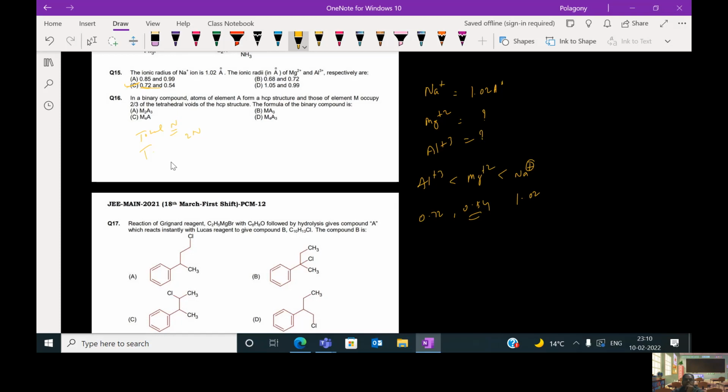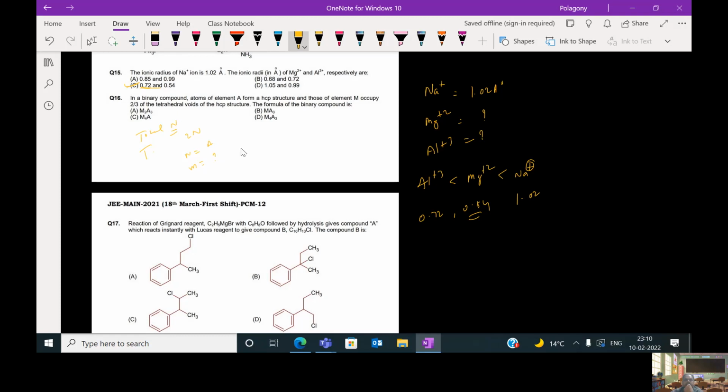So A forms the HCP structure, and M occupies 2/3 of the tetrahedral voids. The number of A atoms is n, and then how many M atoms?